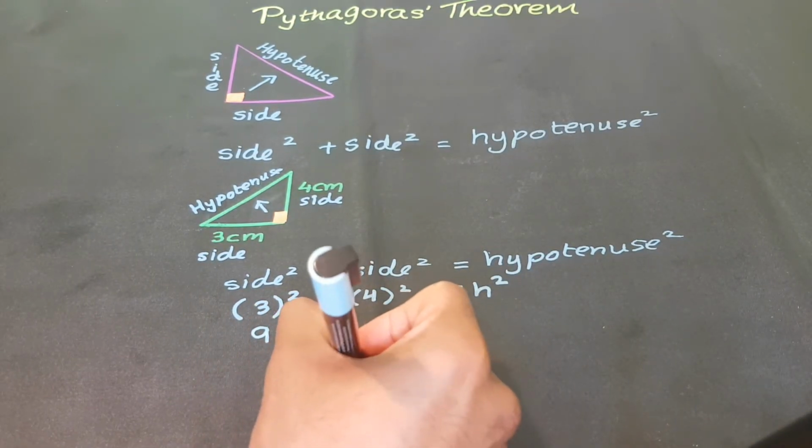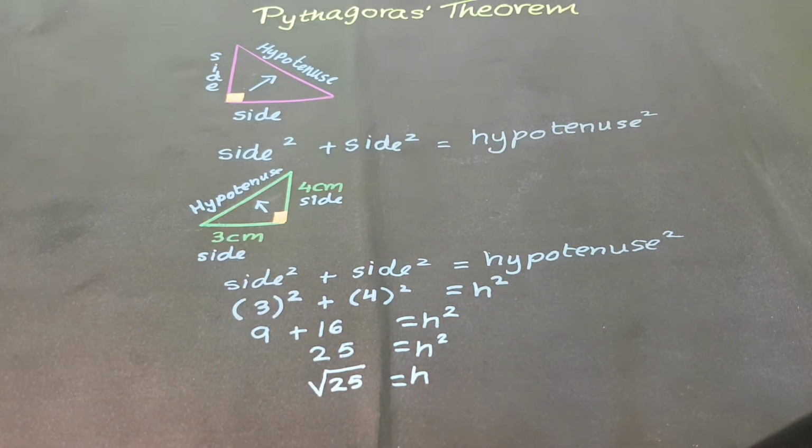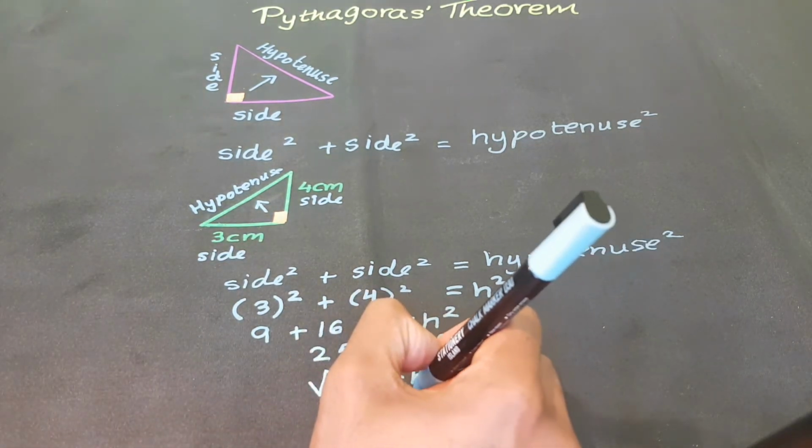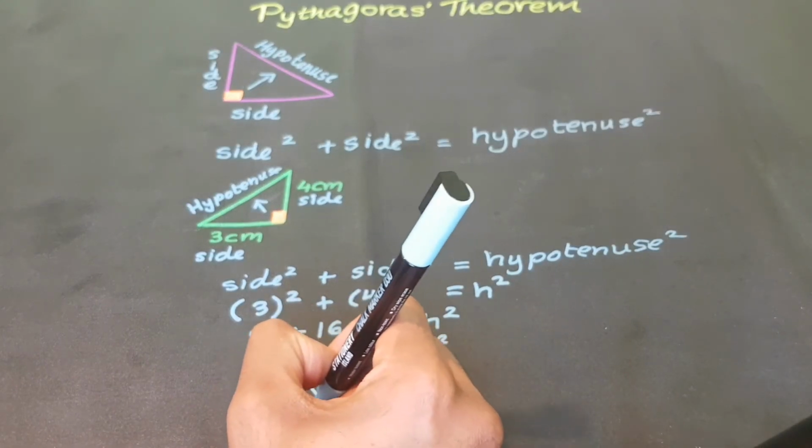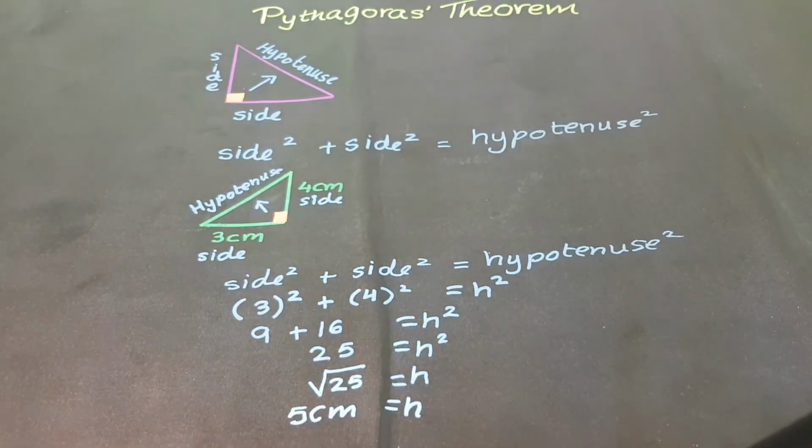The square root of 25, which means h is 5 centimeters. There we go. And that's how you find the missing hypotenuse using the Pythagoras theorem.